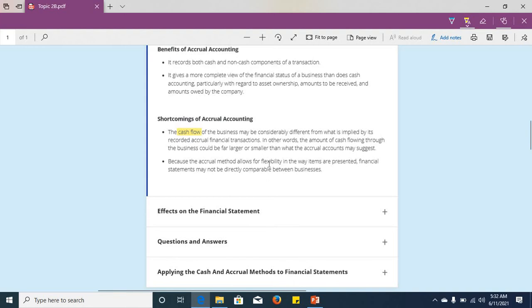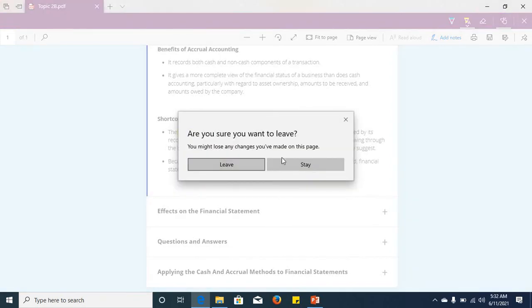Because the accrual method allows for flexibility in the way items are presented, financial statements may not be directly comparable between businesses, because there may be various standards followed by different companies, right? So they may not be comparable to each other. So this is about the accrual accounting.